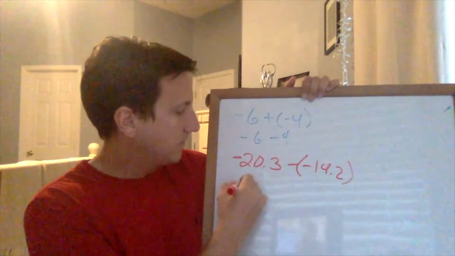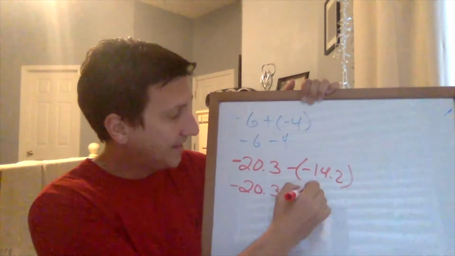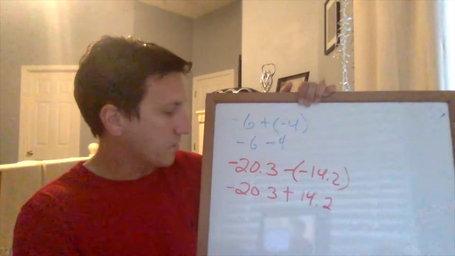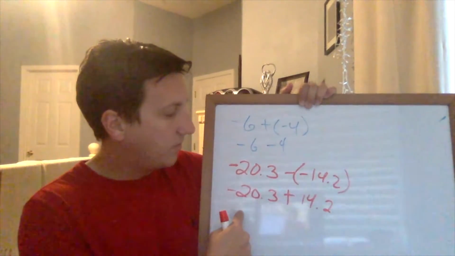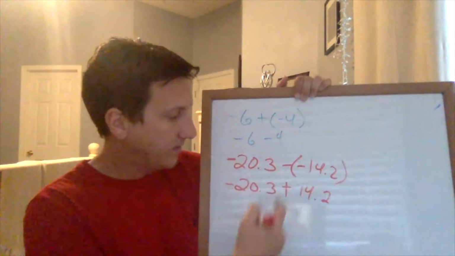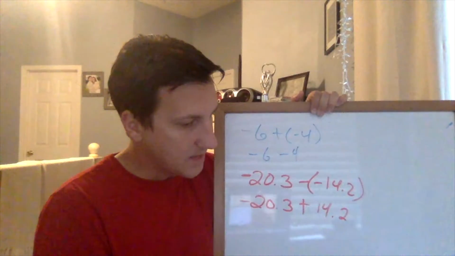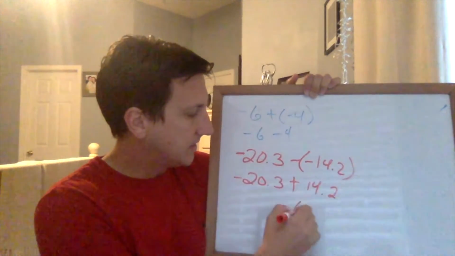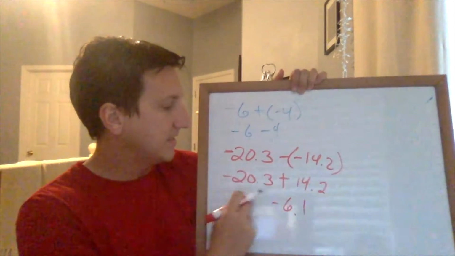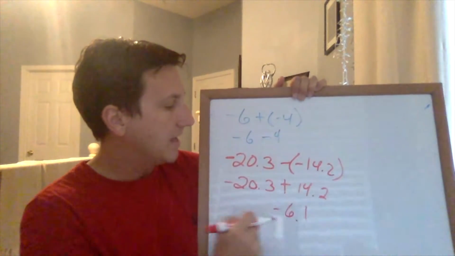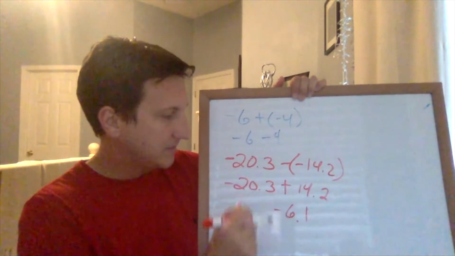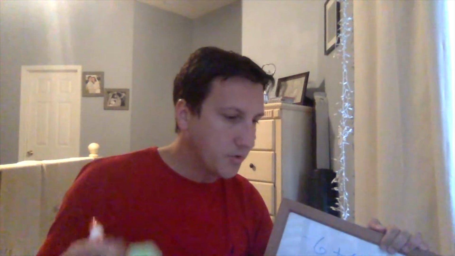So that would be -20.3 plus 14.2, okay? So you're at -20.3, you're going to add 14.2, so on your number line, you're going to go to the right there, and so that would give you -6.1. In this instance, you would just subtract those two and keep your negative, -6.1, okay? Again, to get more practice on that, go to Chapter 2, Lesson 3, Subtracting Real Numbers.